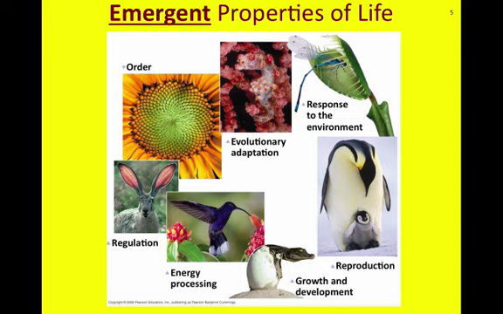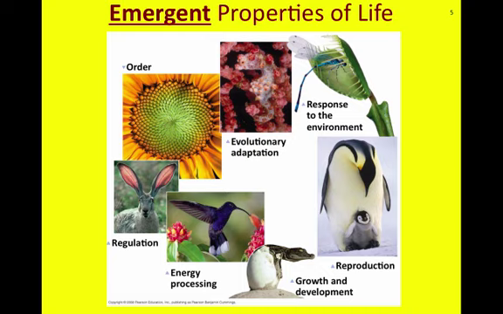That means that they have either created or been passed down traits or features that allow living things to have a best fit to their environment. The next emergent property of life also deals with the environment: responding to the environment. In fact, your nervous system is responsible for allowing you to sense and to respond to the environment.